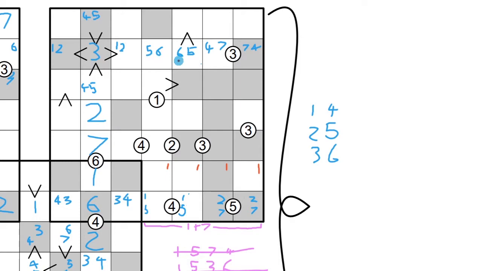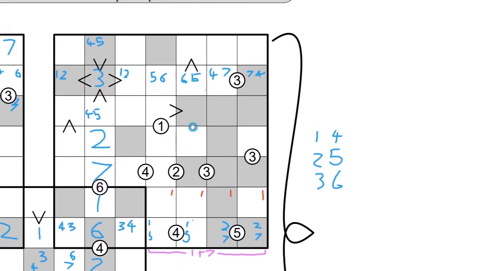However, also given this 5 X-Wing, that also means that none of these can be 5. Right? So, does that narrow down a bunch of those?